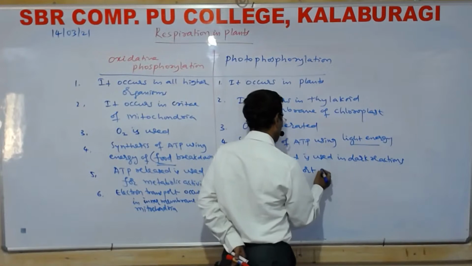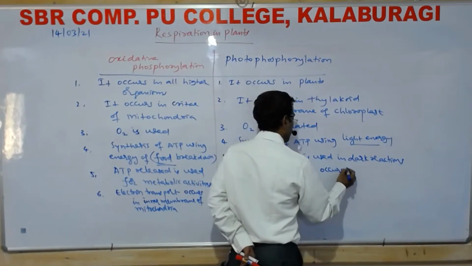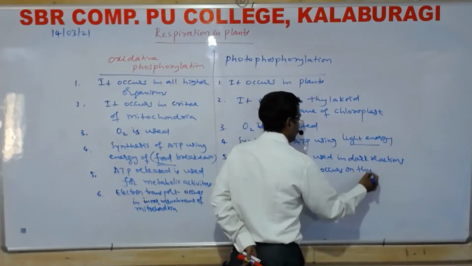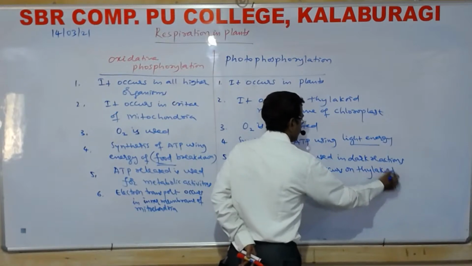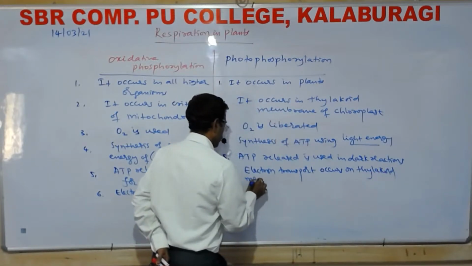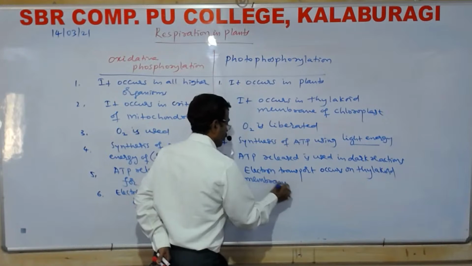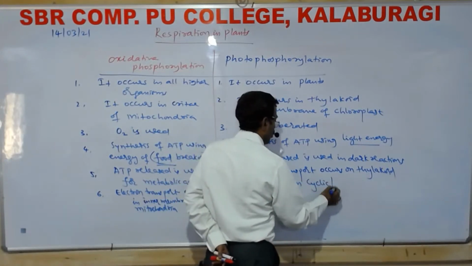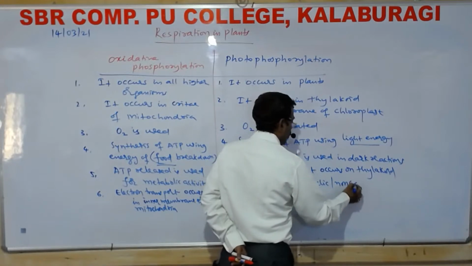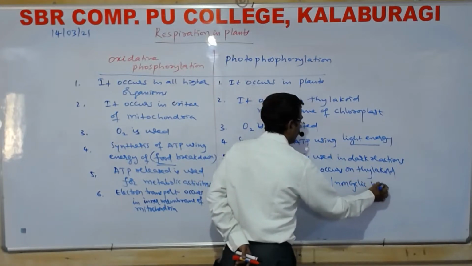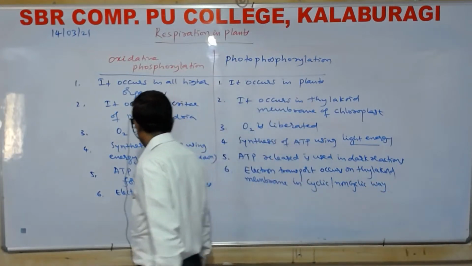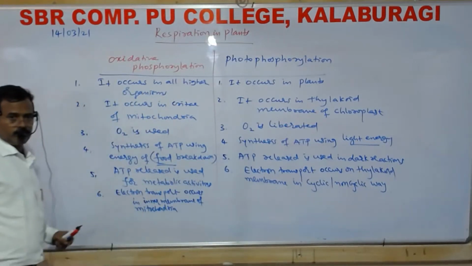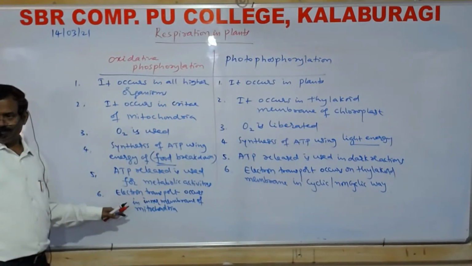Electron transport occurs on the thylakoid membrane in a cyclic or non-cyclic pathway. In respiration it does not involve cyclic or non-cyclic.